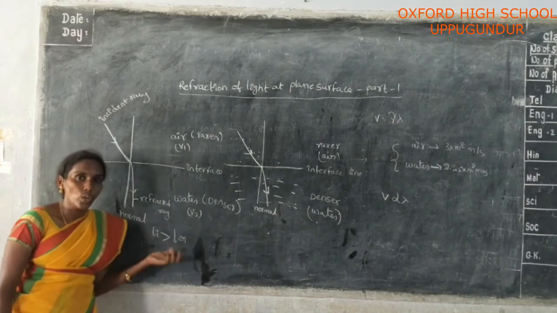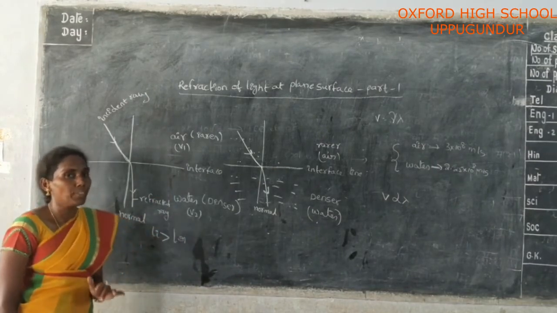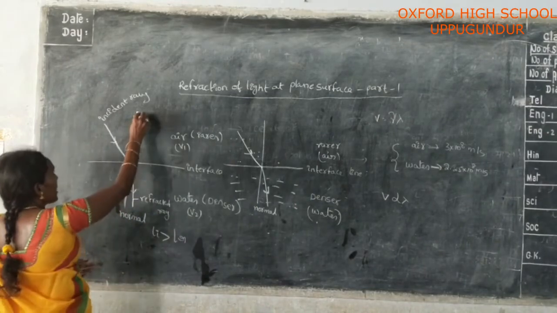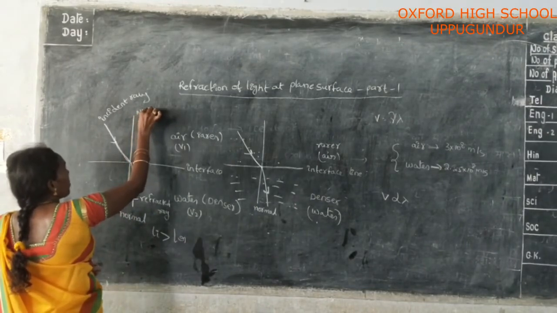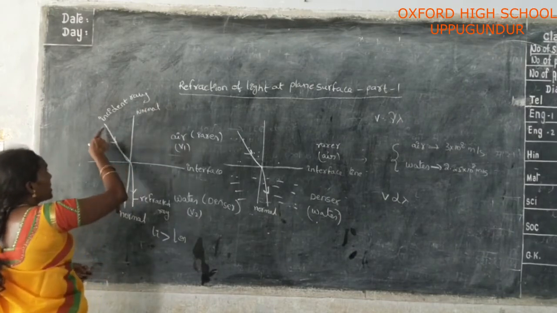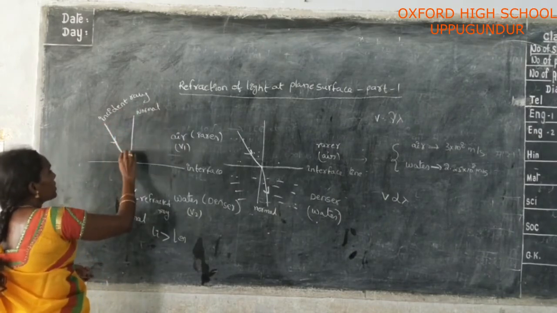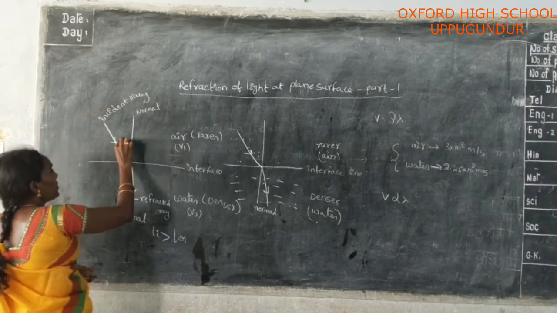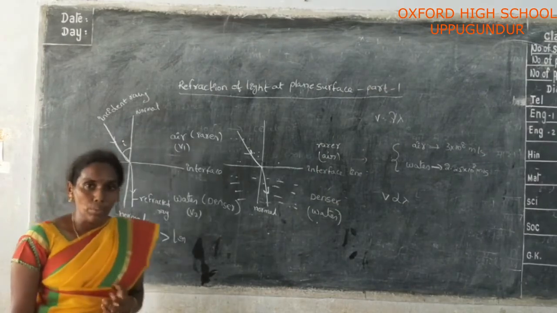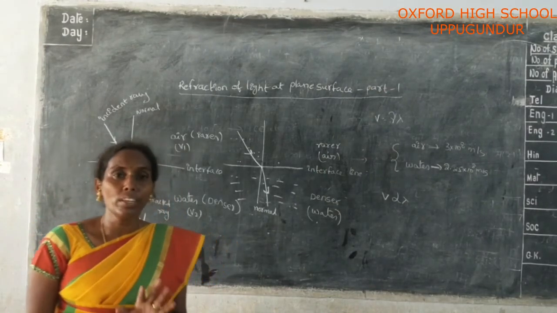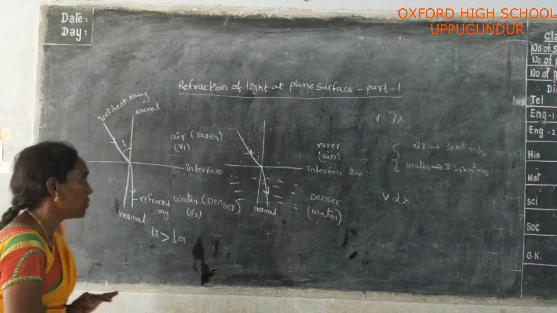Here, what is the angle of incidence and what is the angle of refraction? This is the normal. The angle made by the incident ray with the normal is called the angle of incidence.